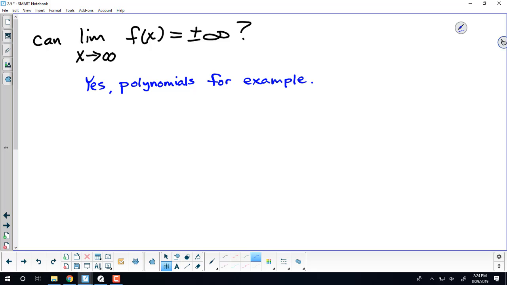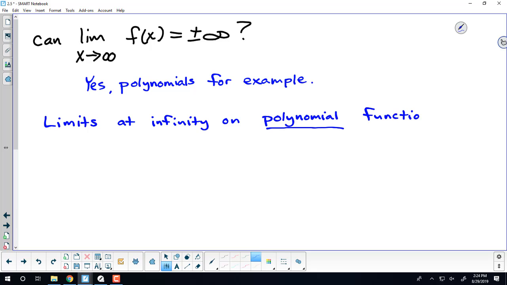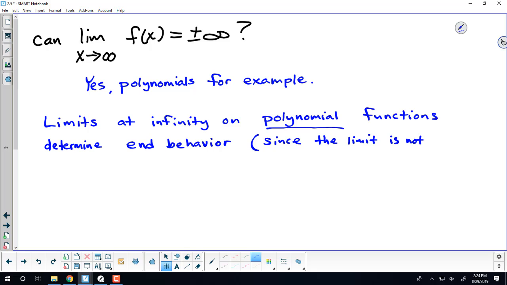So let's say here, since on polynomial functions the limit at infinity doesn't equal a finite number, we'll say limits at infinity on polynomial functions determine end behavior, and again, we'll say here since the limit is not finite.